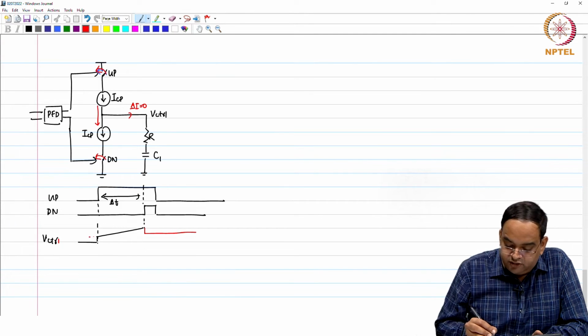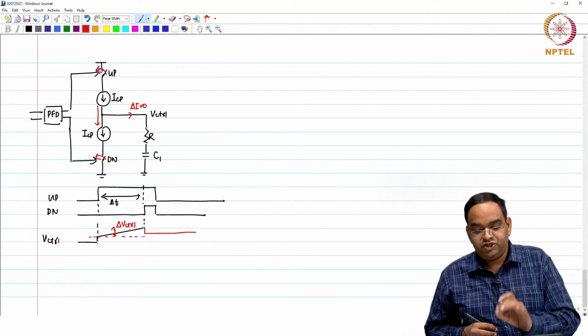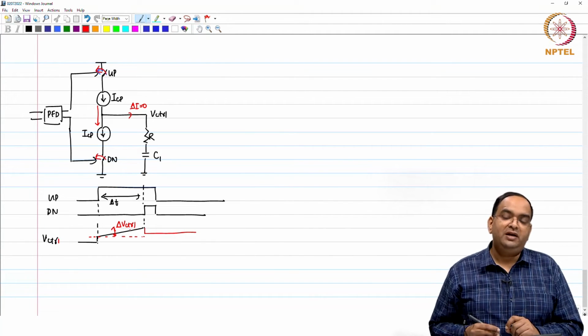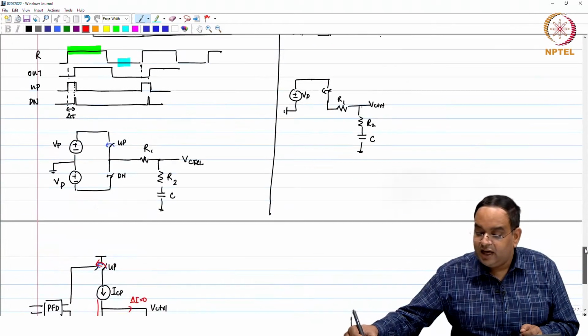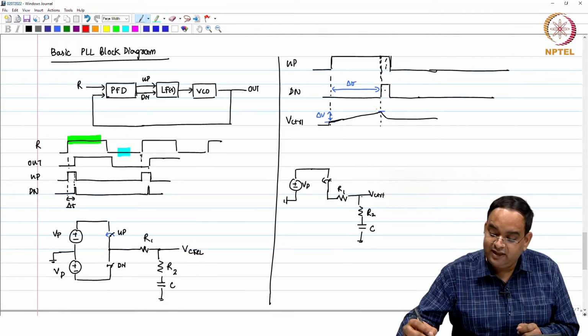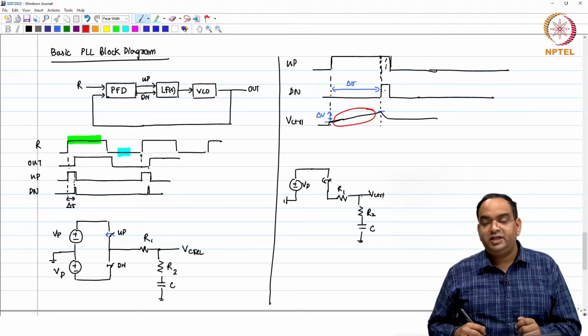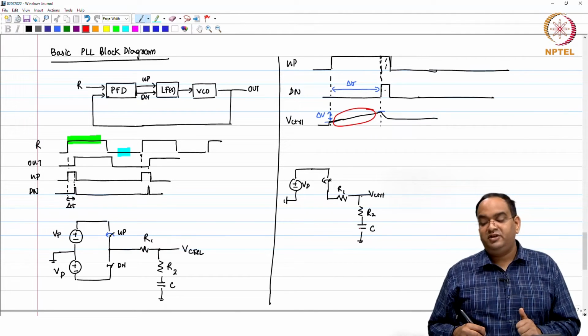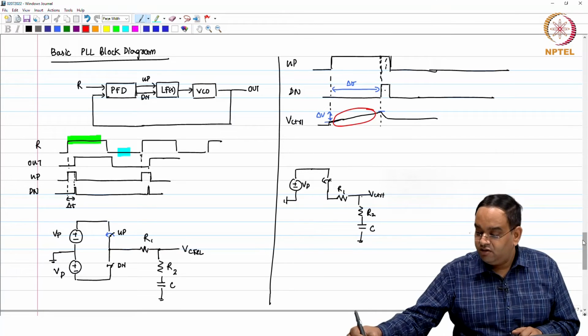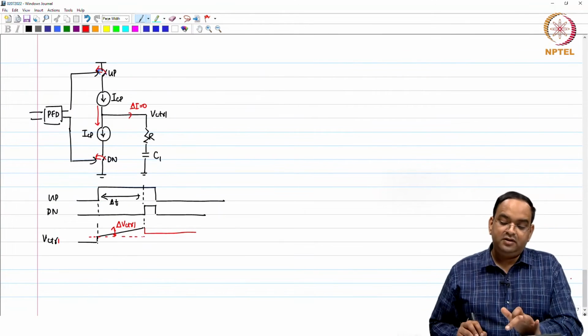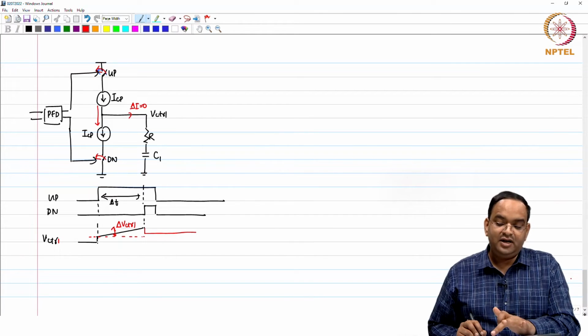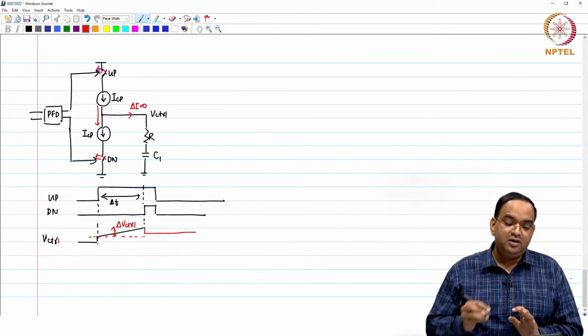Okay. So, this voltage variation which you have, delta V control, is also proportional to your delta t. Previously, I did not write the exact expression or exact waveform, because there you will see an exponential settling with respect to R1 and R2. Whereas, in this case there is no exponential settling, the current directly goes through the loop filter.